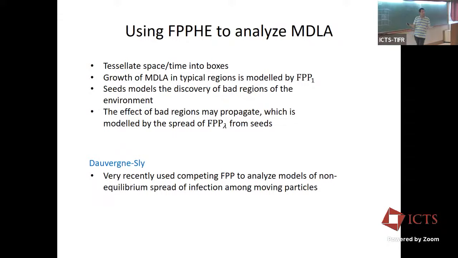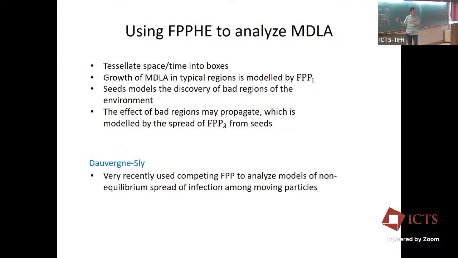So this approach seems very promising to analyze models where there is a front that moves through typical good regions and leaves behind bad regions that it discovers. It could be an interesting approach to analyze other models. That was actually the main thing I want to convey in this talk.